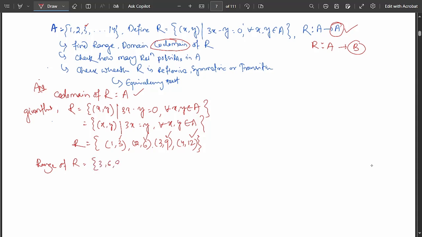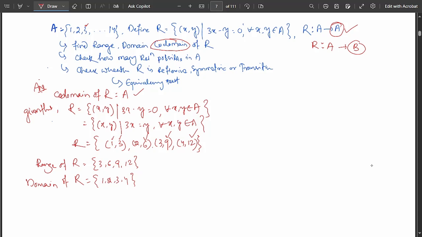This is the range. Similarly, domain is the set of first elements in R, that is 1, 2, 3 and 4. Now this is all about range, domain and codomain of the relation.